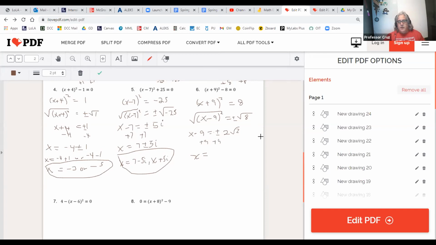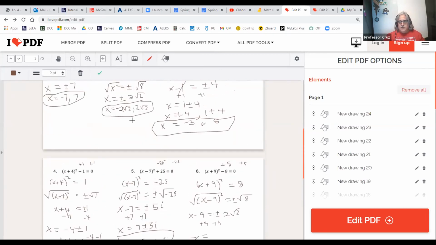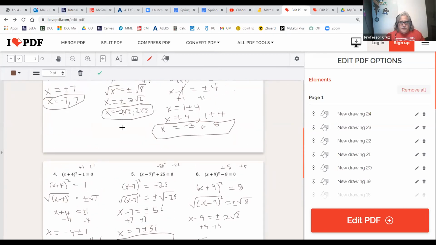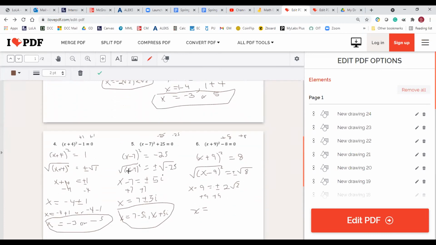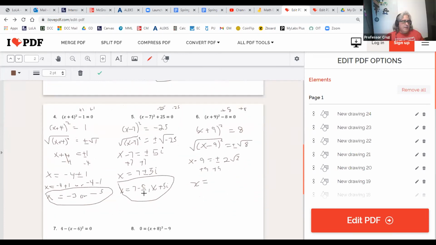You cannot simplify that any further. This cannot be simplified any further. The 7 and the -5i don't go together. So we leave them in that form.